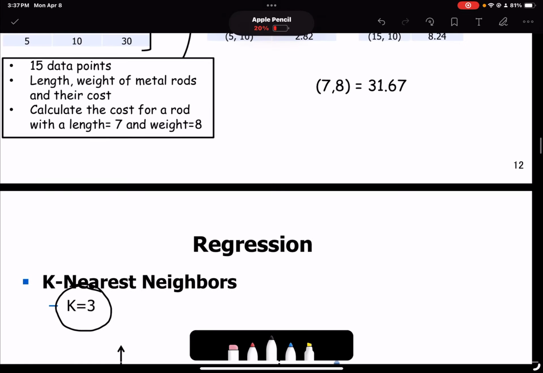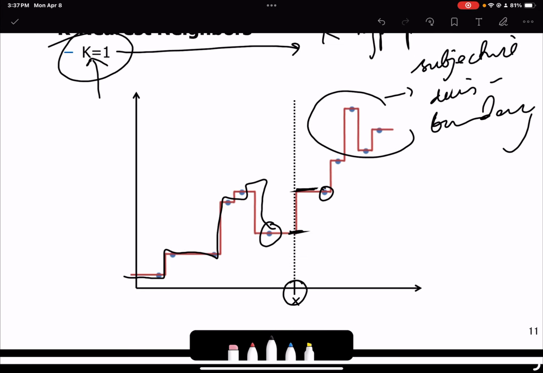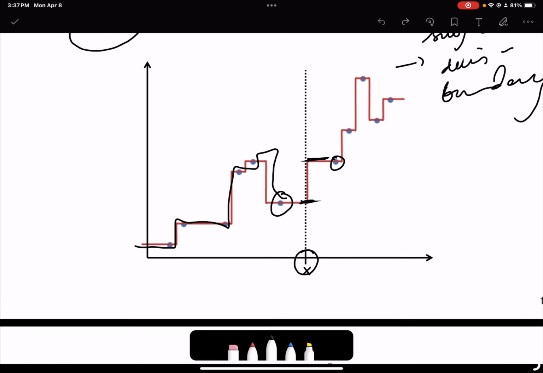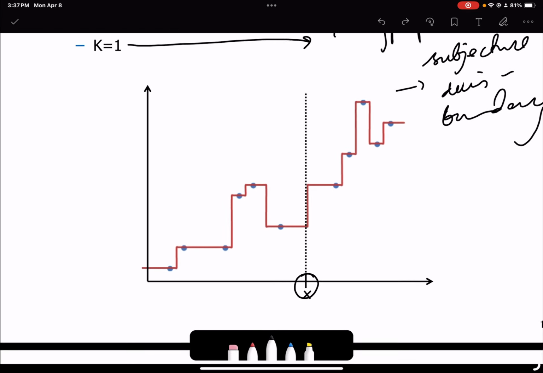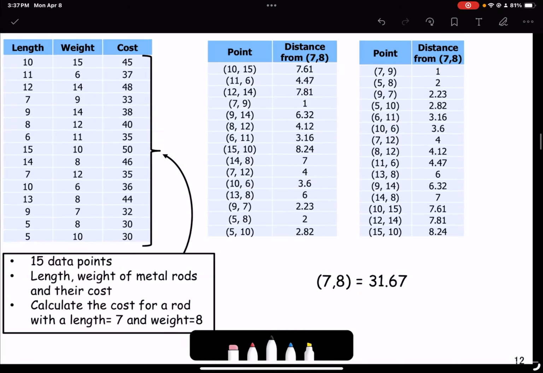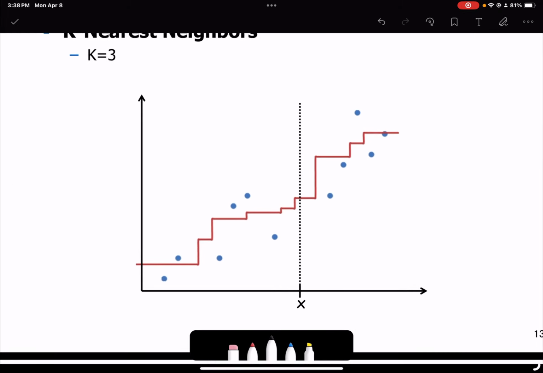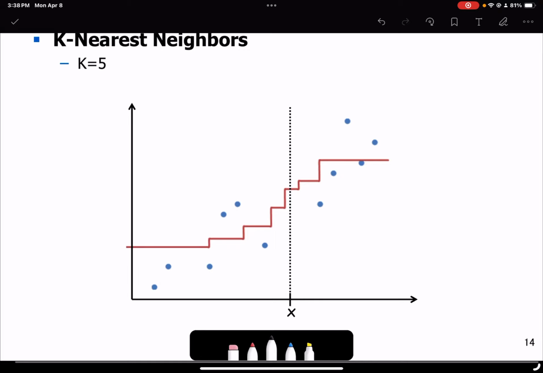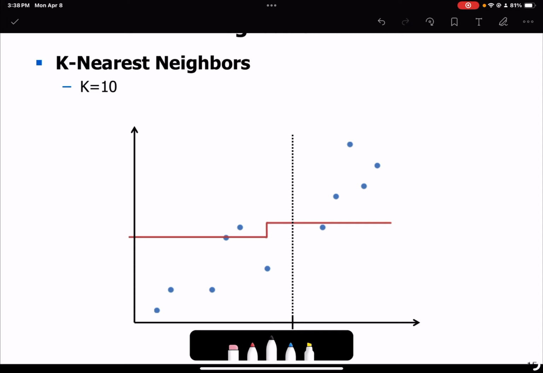We can see that considering only one nearest neighbor, the regression line is different, and as we increase the number of neighbors, the regression values will change. For 5 again the regression line is going to change, and if we consider 10 neighbors, we can see it is becoming nearly linear.